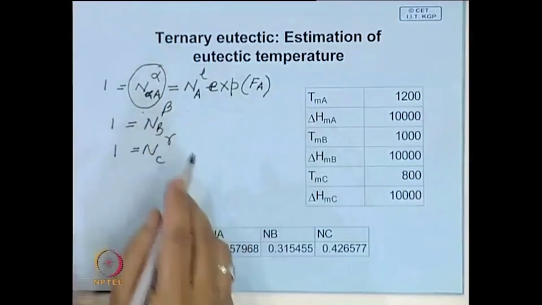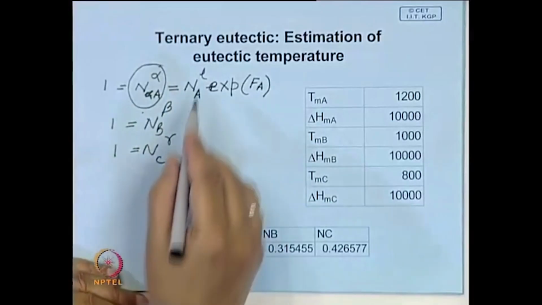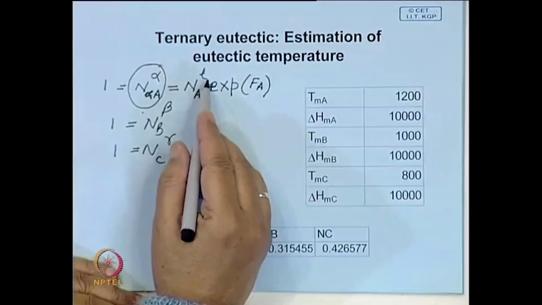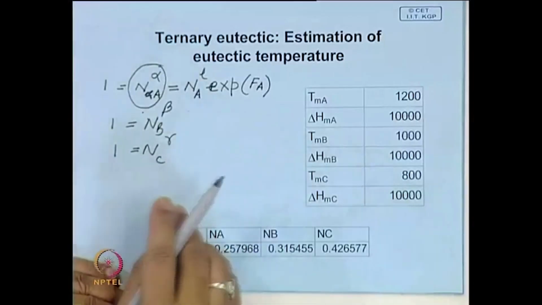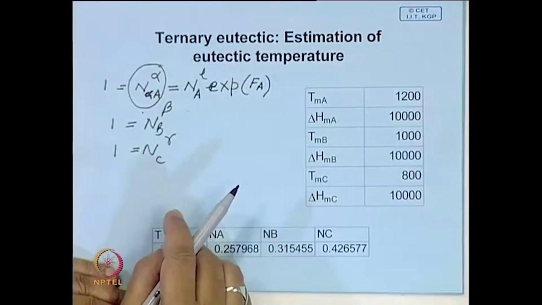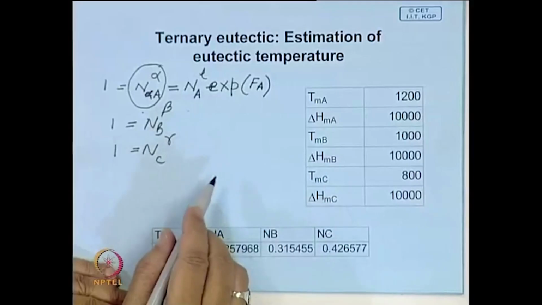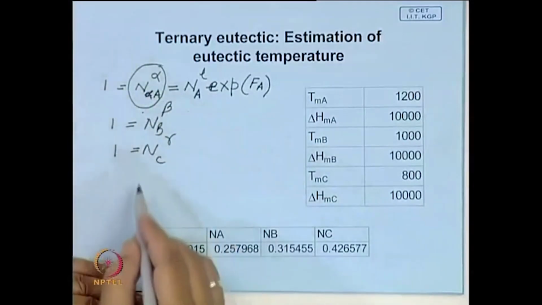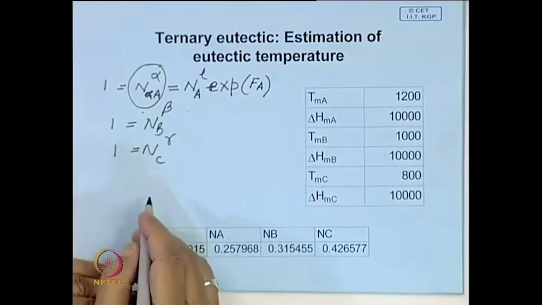That means we are assuming that in the liquid state A, B, C form an ideal solution, whereas in the solid state they are totally insoluble in each other.